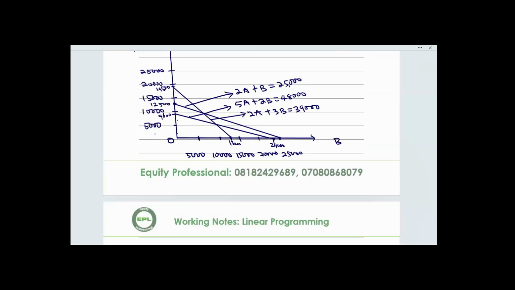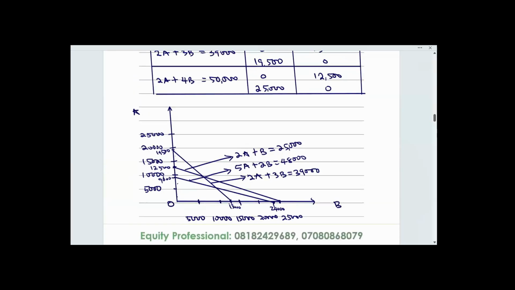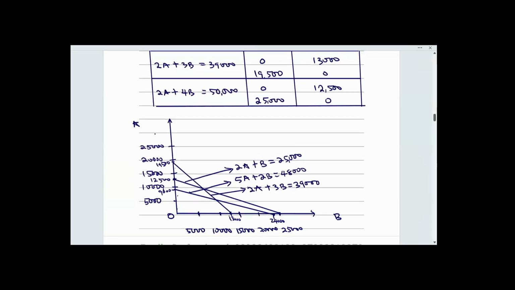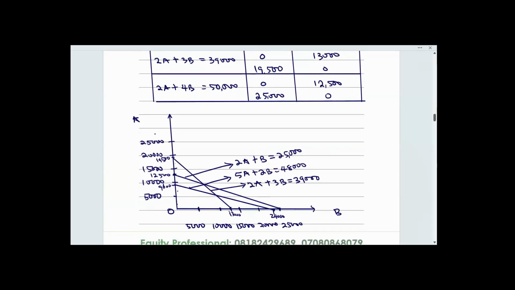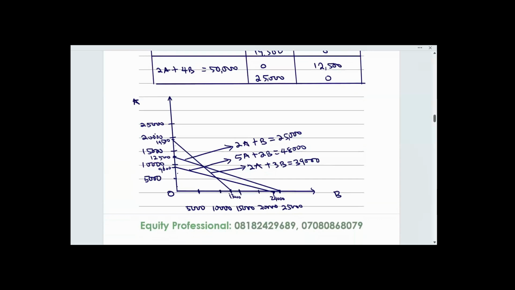The last one is 2A plus 4B. So A is 25,000. Here is 25,000 for A. Then B is 12,500. 12,500 will be somewhere behind this 13,000. So 12,500 will be here.